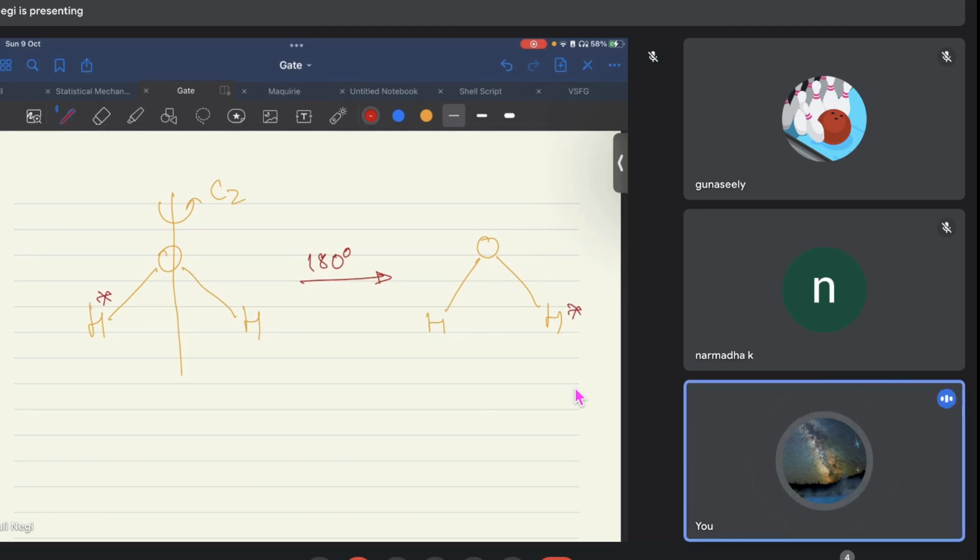No, H2O will not have this center of inversion, because inversion is a point about which it will reflect the same structure, correct? So in H2O, can you find any point which will reflect?